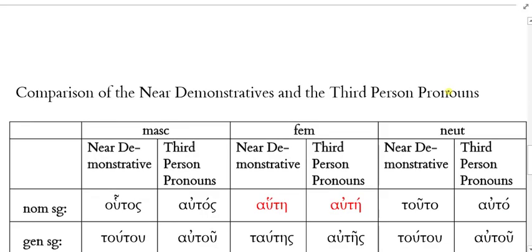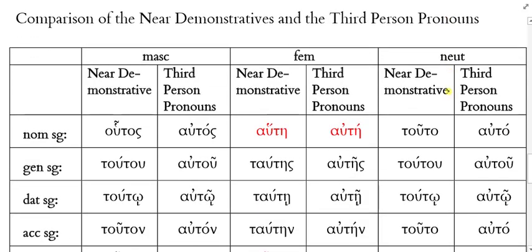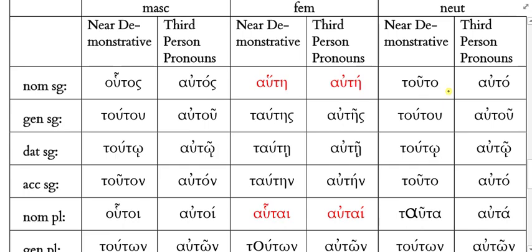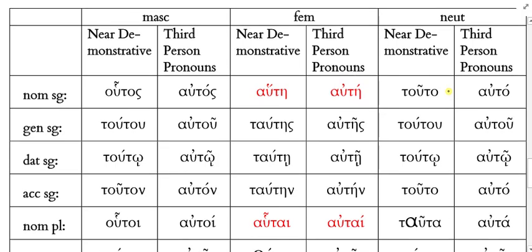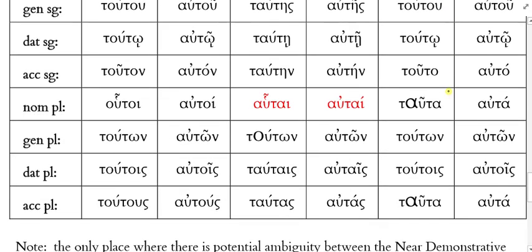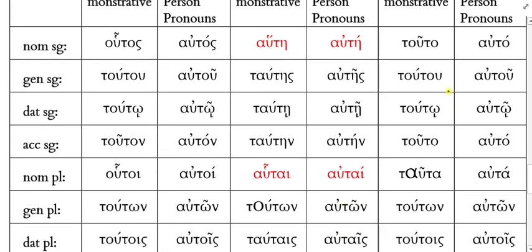All right. Over here, we have the comparison of those third-person forms. So in red are the only places where you should ever get confused. And if you will remember the breathing marks, you will be good to go, right? Breathing marks and the accents. It's only on the feminine forms.